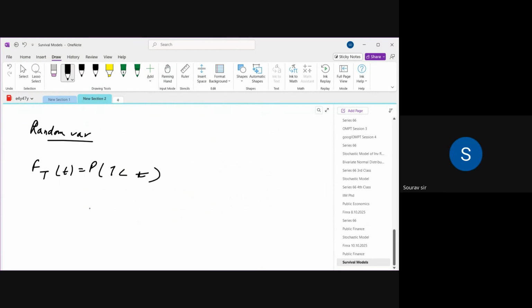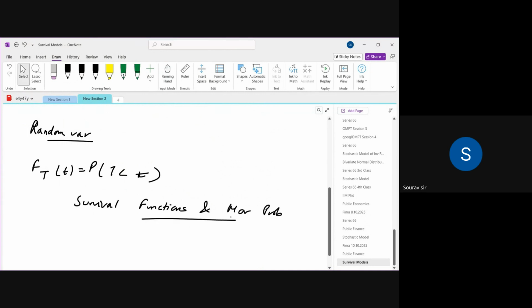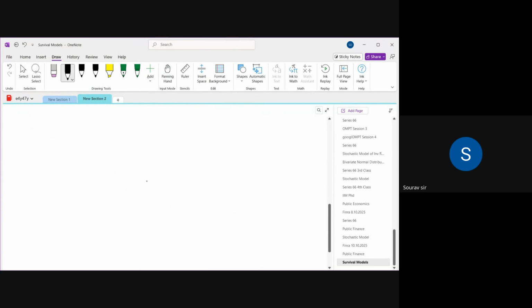So here, what are survival functions and mortality probability? The definition goes S_x(t) is equal to P(T_x greater than t). So what is S_x(t)?